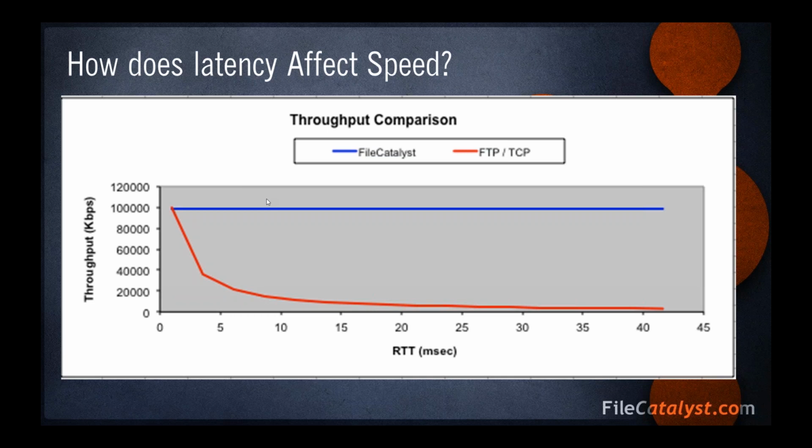Another caveat here is that if you are considering using this on your satellite network, so let's say you're using VSATs for, let's say, ship to shore file transfers, then satellite has right away a very big latency and packet loss built in. So even if your satellite is only, let's say, 500 kilobits or 256 kilobits, you will see a dramatic improvement with FileCatalyst because we're immune to that.